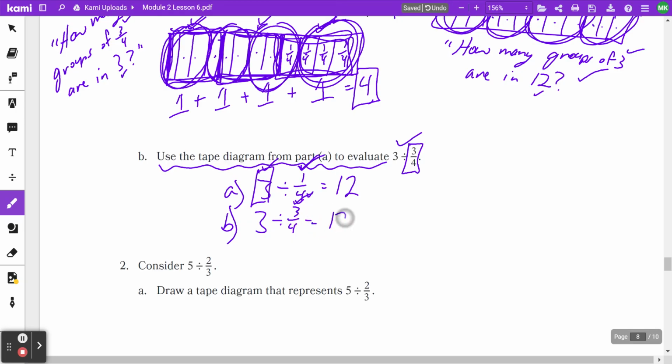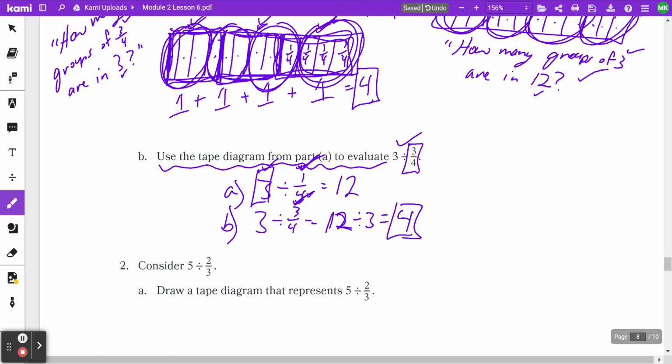Well, if it's 3 times the size, wouldn't I take the 12 and divide it by 3 because it's triple the size? So if I'm looking for quarter groups and there are 12 of them, and then I'm looking for 3/4 groups, it's 3 times the size. I would then have 1/3 as many of the groups. So I just take the 12, I divide it by 3, I wind up with 4, and there's my answer.